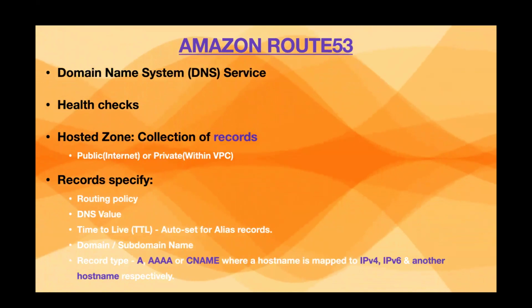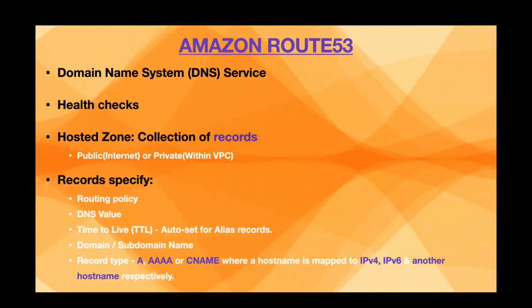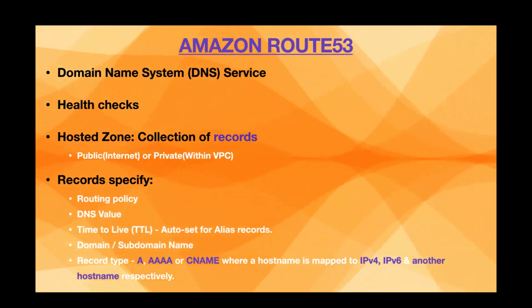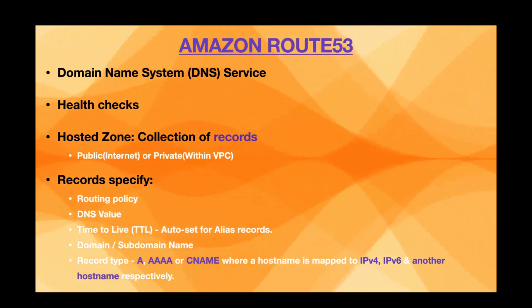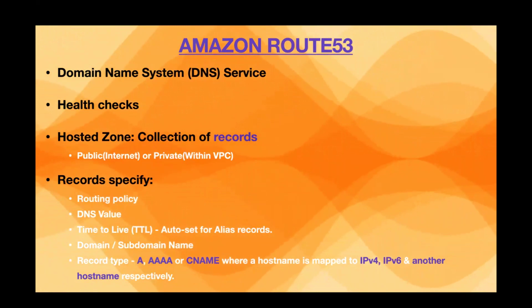In a hosted zone, you can have an A record, a CNAME record, an AAAA record, a text record, and a lot of others. That is where you set them, and that is for public resources. If you have resources within the VPC that you want to reach via a DNS name instead of the IP address, then you use a private hosted zone that is only accessible within your VPC.